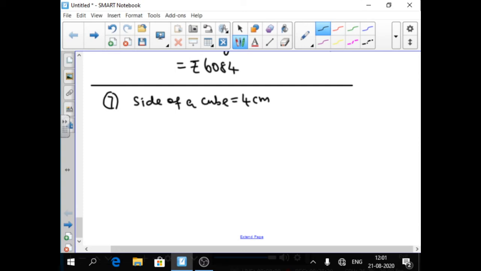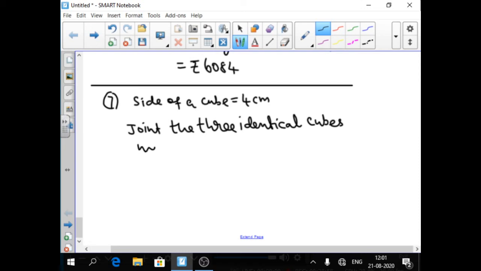If we join the three identical cubes, we get a new cuboid.